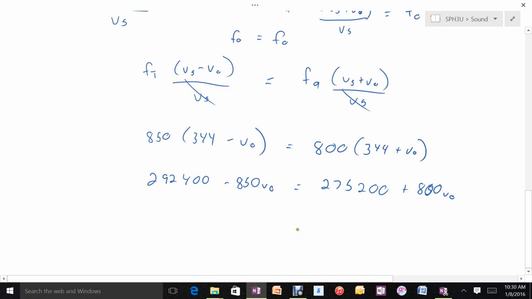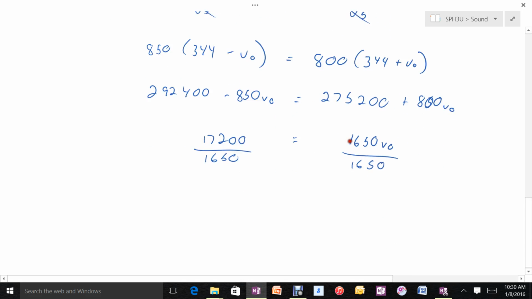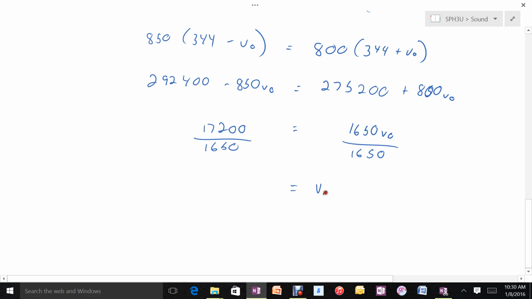Now moving both my Vo's to the right-hand side, and both of my large constant terms to the other side. Can divide both sides by 1650 and find that the velocity of my object is 10.4 meters per second.